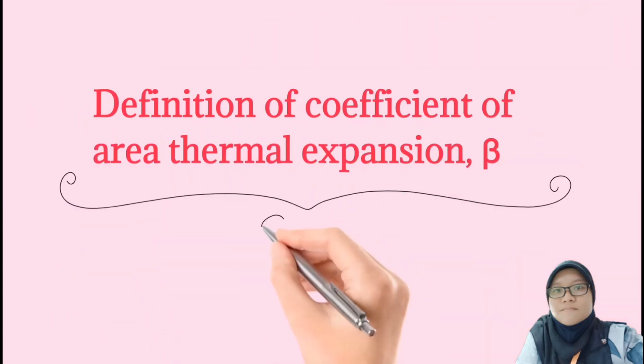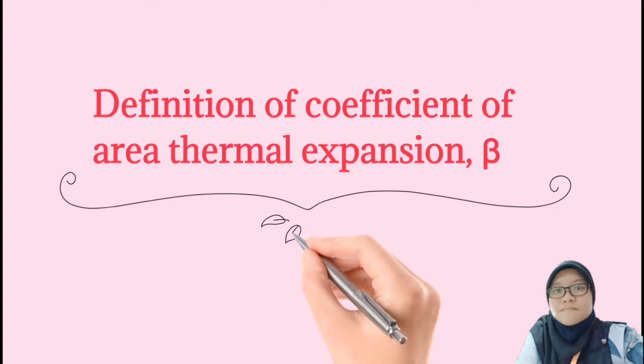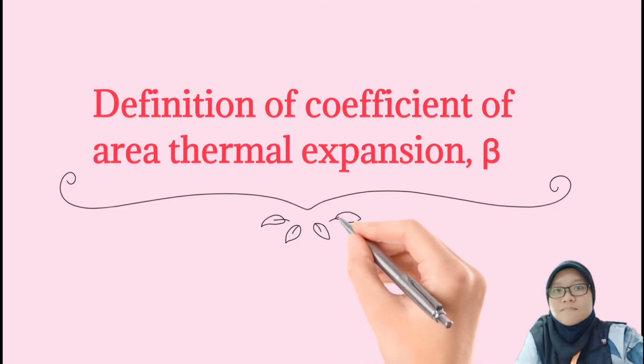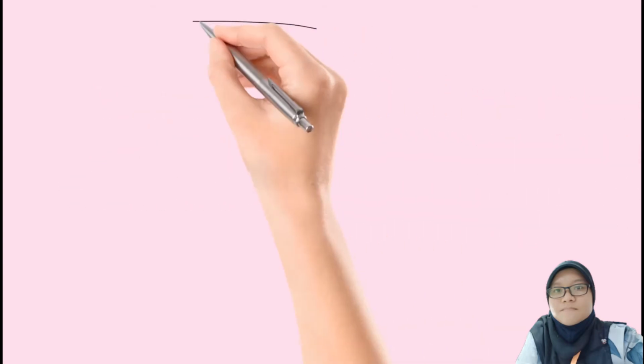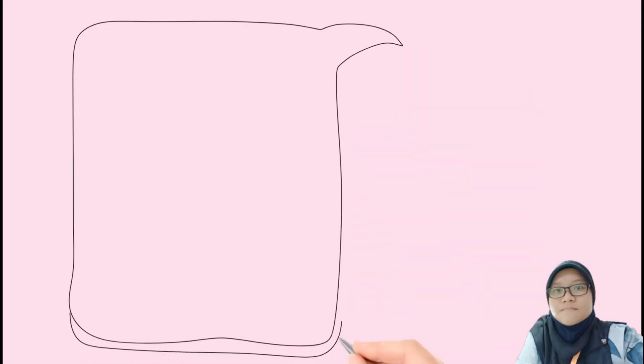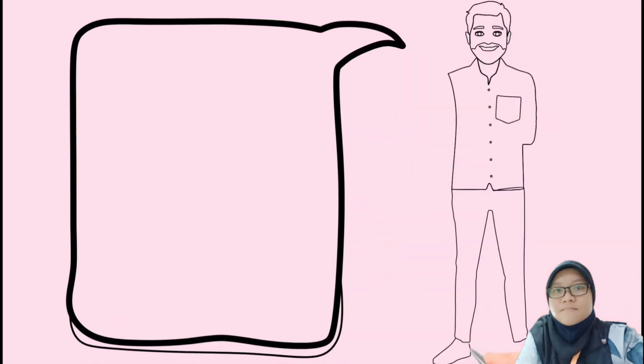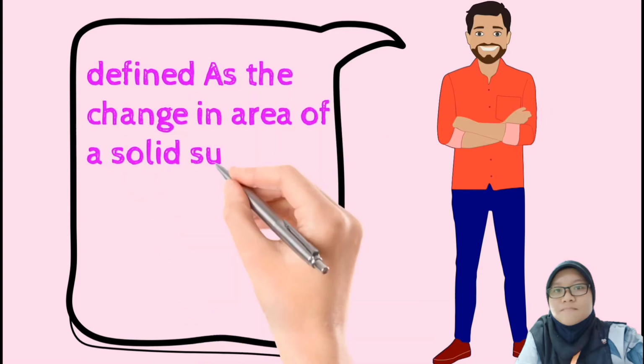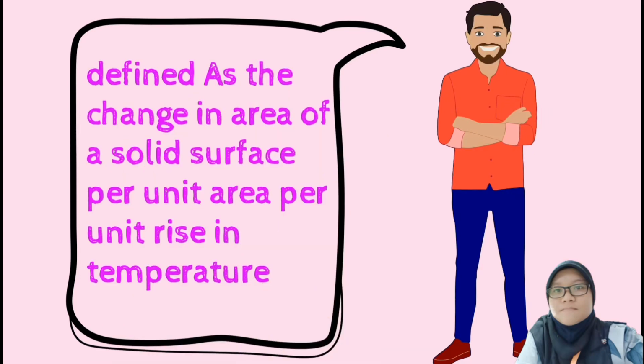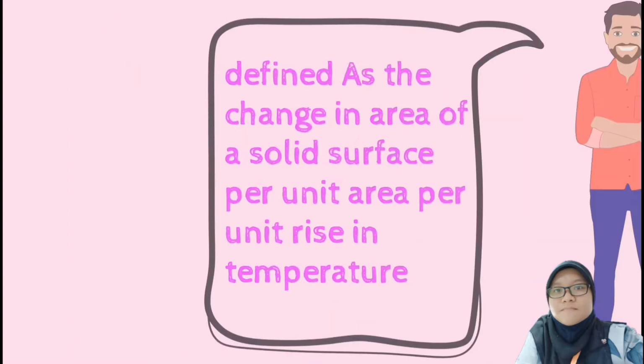Definition of coefficient of area thermal expansion, beta. It is defined as the change in area of a solid surface per unit area per unit rise in temperature.